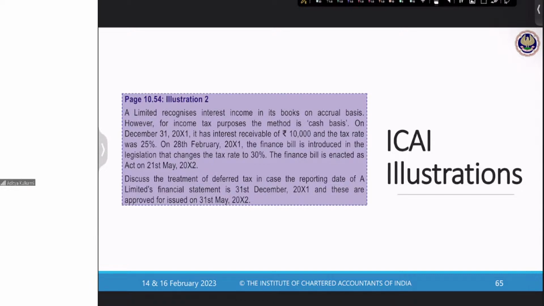On 28th February 20X1, the finance bill is introduced, and in the finance bill you have legislation that the tax rate changes to 30%. The finance bill is enacted as an act on 21st May 20X2. Discuss the treatment of deferred tax in case the reporting date is 31st December X1 and the financials are approved for issue on 31st May X2. This is what you are going to recognize.